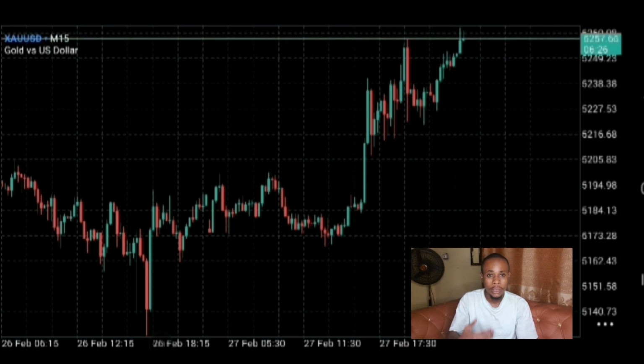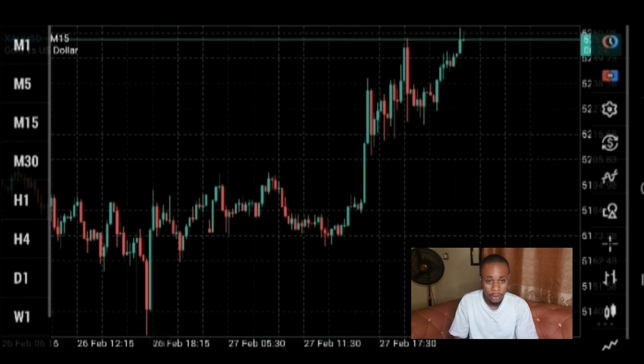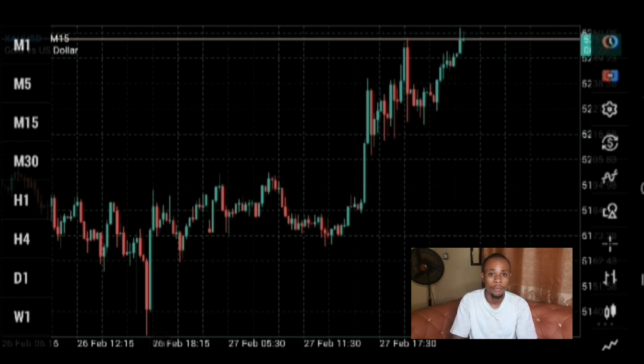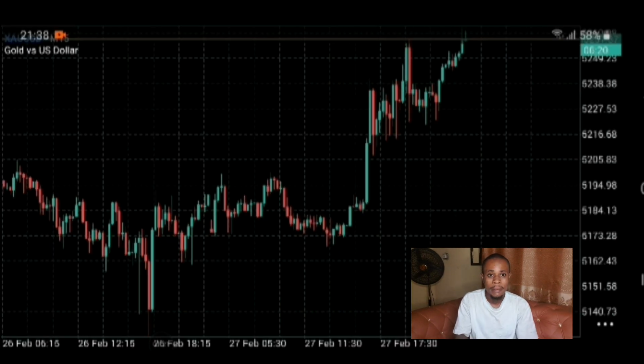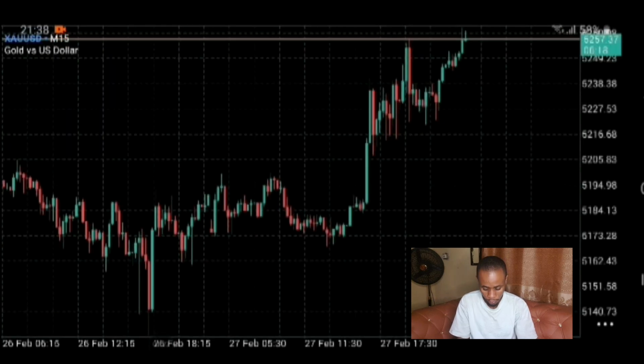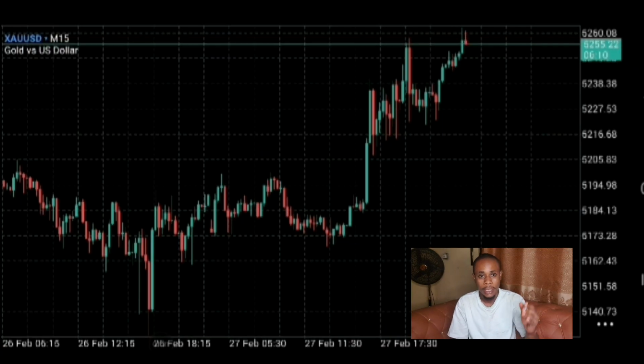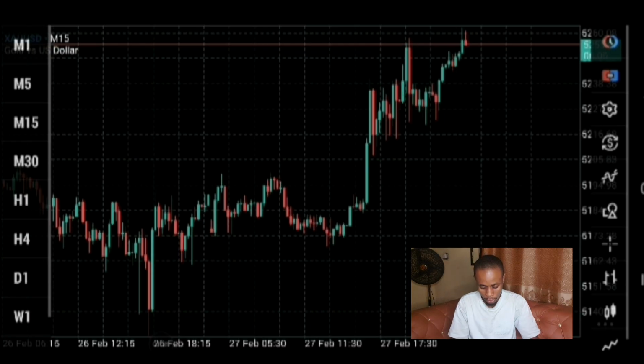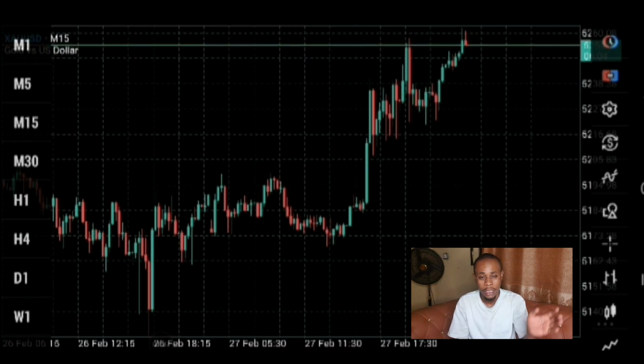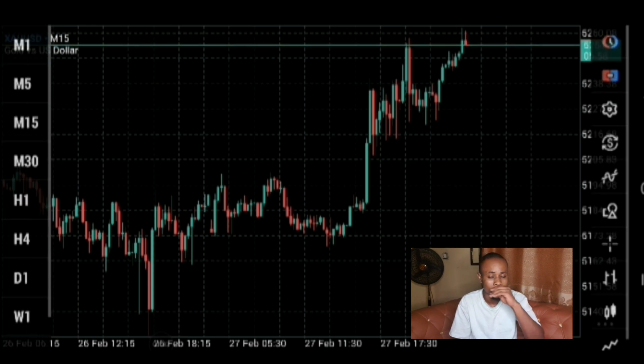Sometimes when you change a time frame, maybe from a 5 minutes time frame to a 15 minutes time frame, if you look at it critically, you see that the chart seems to change, and if you're not conversant with the chart, you get a little bit confused. It looks like they are not the same thing, but all these are the same thing. It's the same chart. It's not changing, it's just that you changed the time frame.